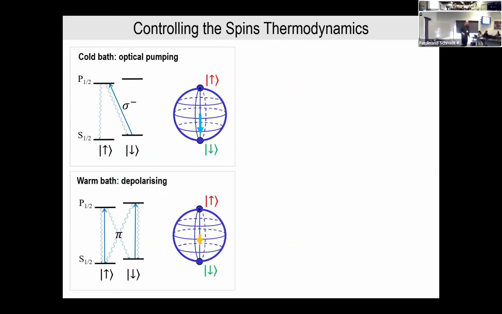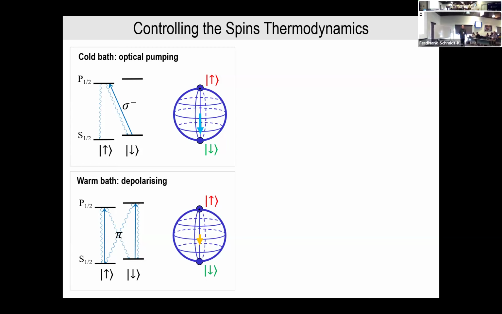This optical pumping also has the advantage that it's going very fast. You need only a few cycles of optical pumping, and this is 7 nanoseconds. So in, I don't know, 20 nanoseconds, you can be done with optical pumping. That is very different to heating.